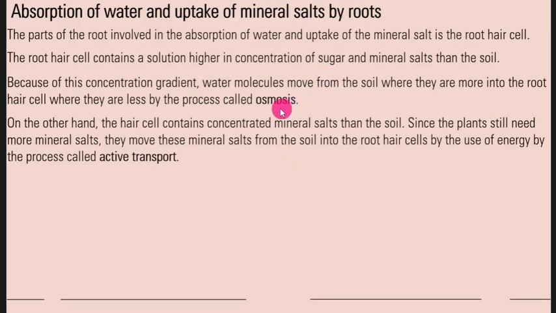All right. So even if a plant is there, you don't think that outside the plant there's more mineral salts than inside the plant. No, in fact, inside the plant there is more mineral salts. Now it still needs more. That's what I'm saying.